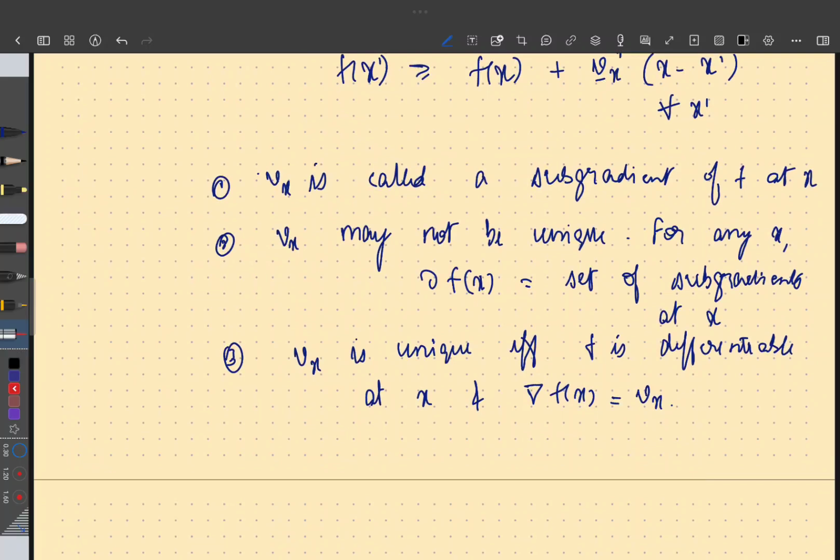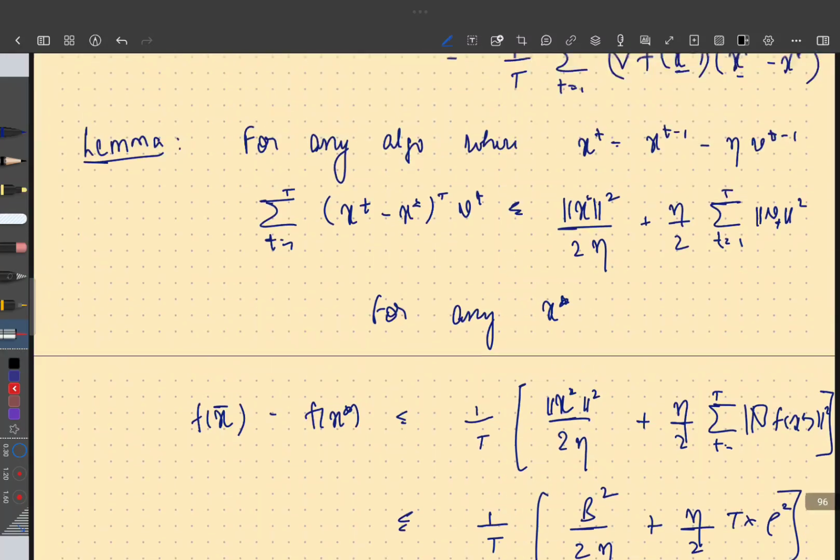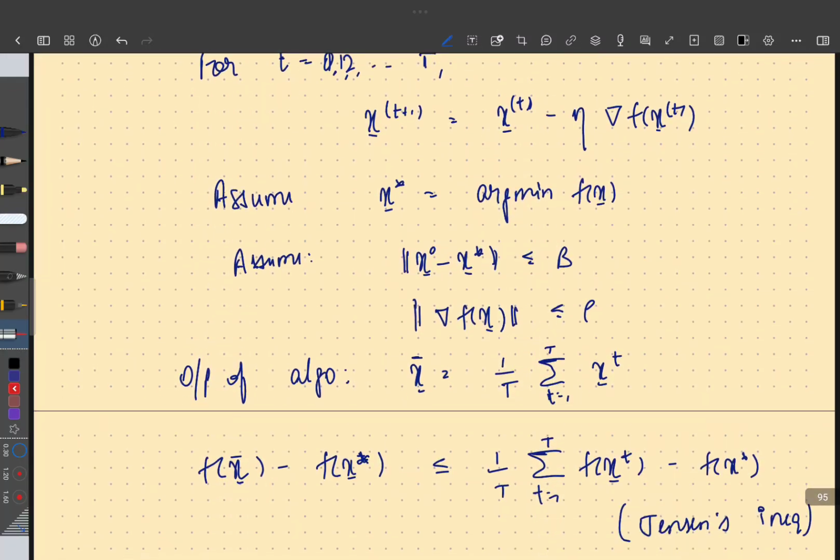A few slides back, we had a term where we average all inputs. Correct. So basically, my x bar was this. We assume that the output of gradient descent is the average of all of the x_t's.